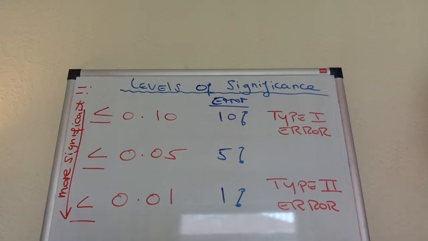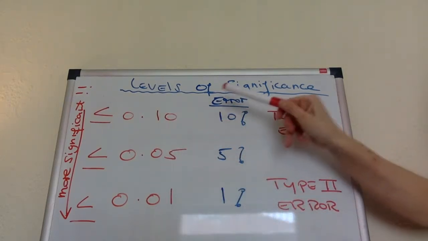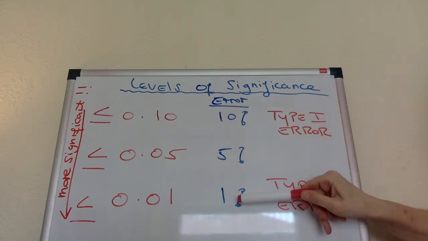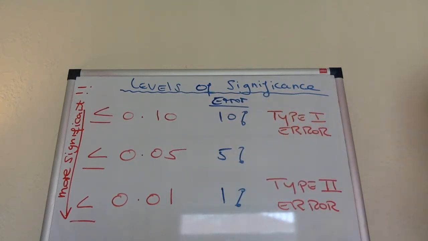Because when you've got less chance of error, you mightn't have an error, but you've got a chance of error, then that's a significant finding. All right, so if you just learn these three levels and the errors that go with them, you absolutely have all you'll need.